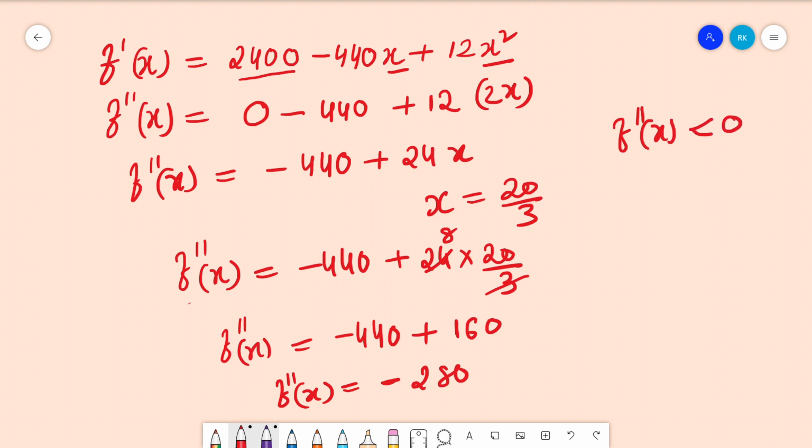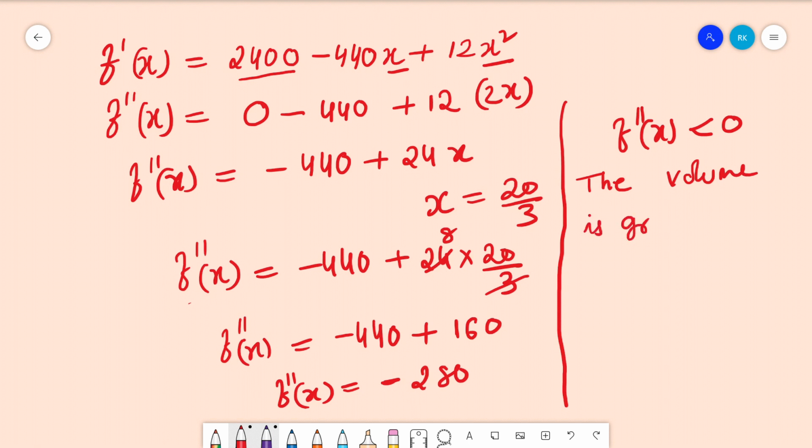We are getting a negative value, that is less than 0. So the volume is greatest at x is equal to 20 by 3 centimeter. That's it.